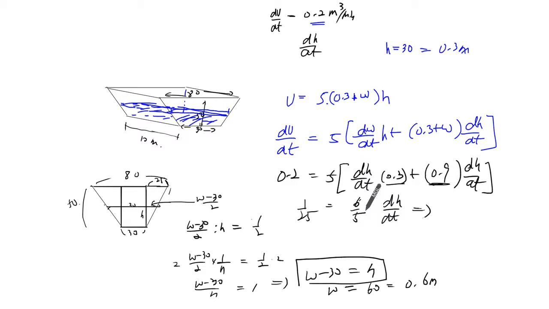If you multiply both sides by 5, you get 1 over 5. So dH/dt is going to be 1 over 30. The unit was in meters, so it is meters per minute.